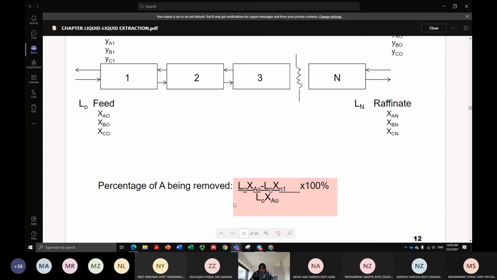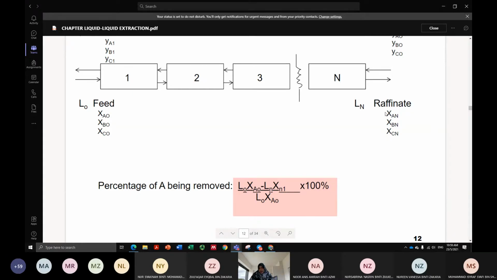So L naught multiplied by XA naught, and here, Ln multiplied by XAn. This is the flow rate of solute in the raffinate stream.